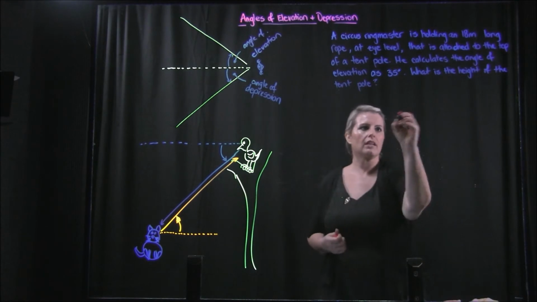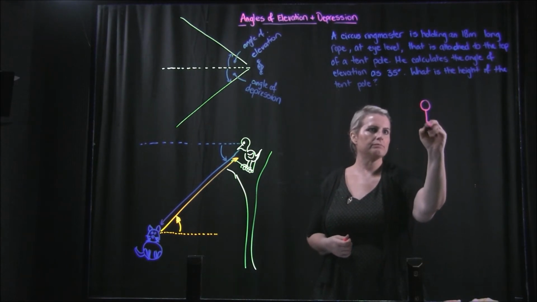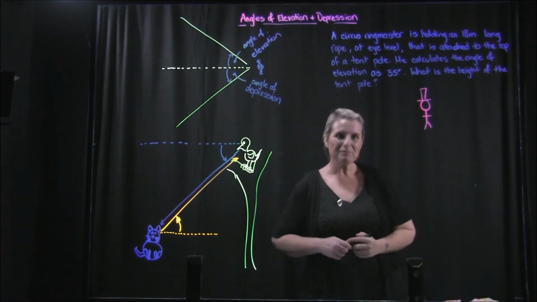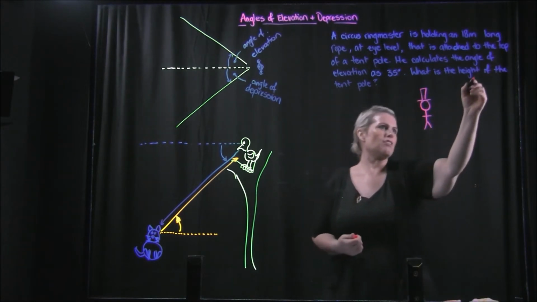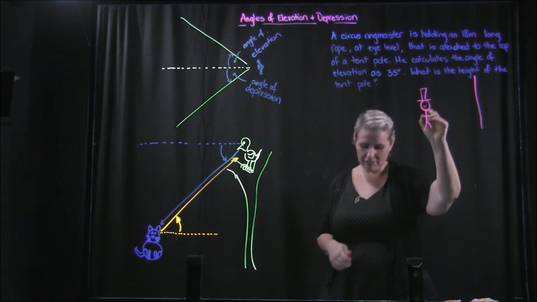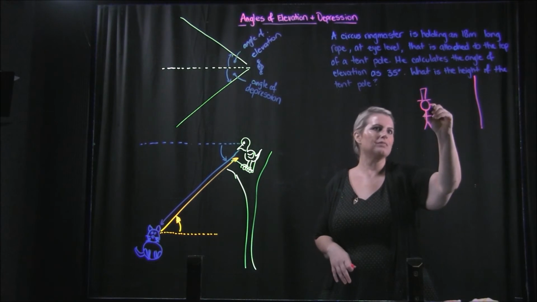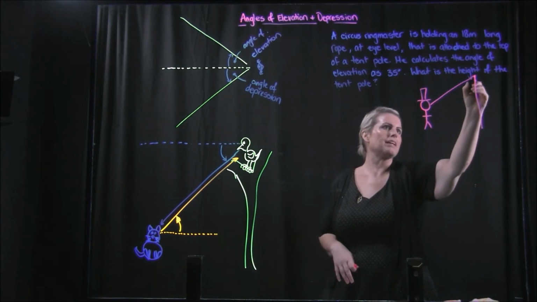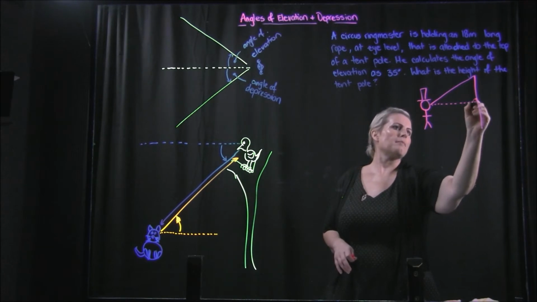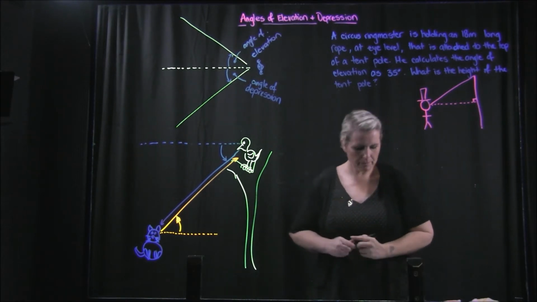Okay, so here is my ringmaster. And here is his cool ringmaster top hat. Okay, from there we've got a nice tall tent pole, and he is holding this rope at eye level to the top here of this tent pole. There's his eye level. That makes it a right angle, yeah?